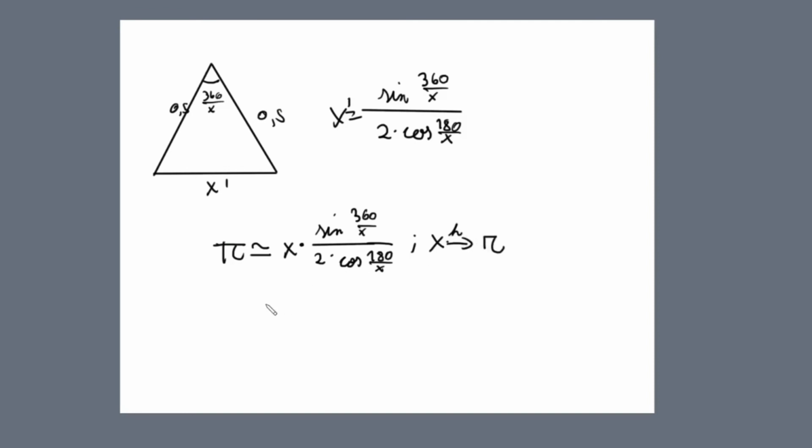In more complicated terms, for those of you who have done some more complex maths, the limit as x goes to infinity of x multiplied by the sine of 360 over x, all over 2 multiplied by the cosine of 180 over x, is equal to pi.